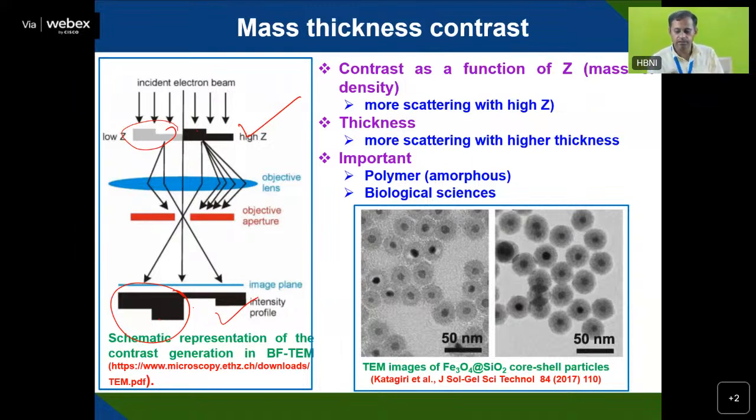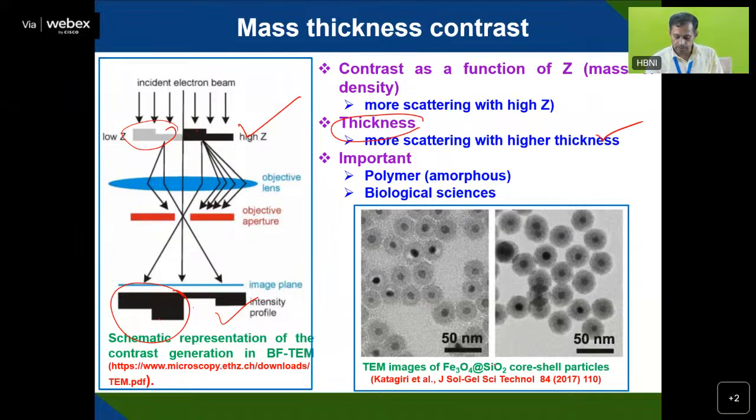So contrast is a function of Z, that is mass density, and more scattering is observed in high Z material, so transmission is less, and depending upon that people are able to see the image. Similarly for thickness, in high thickness material there is more scattering. Importantly, for polymer, amorphous or biological samples, you can see those structures using low electron volt TEM.